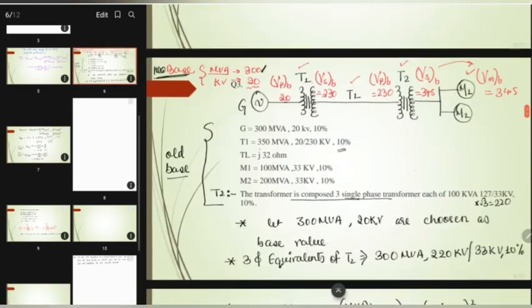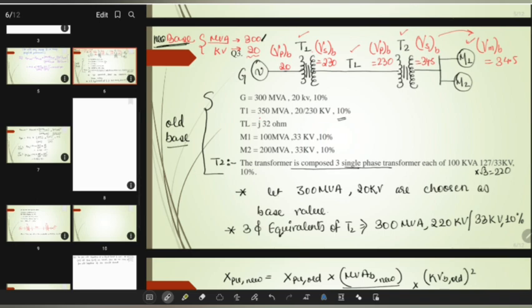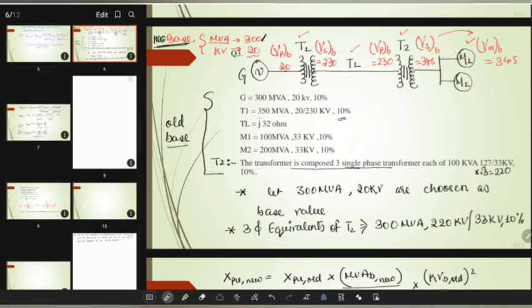Okay, now we repeat this process for the next component, that is transmission line. So in transmission line, what is the actual impedance they have given? 32 ohm divided by base impedance, right?